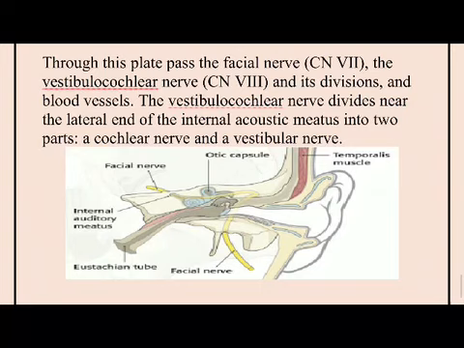The vestibulocochlear nerve divides near the lateral end of the internal acoustic meatus into two parts. You have a cochlear nerve and a vestibular nerve. Right here is an illustration of the internal acoustic meatus, also called the internal auditory meatus. It's illustrated right here.